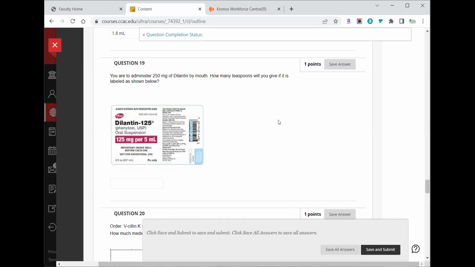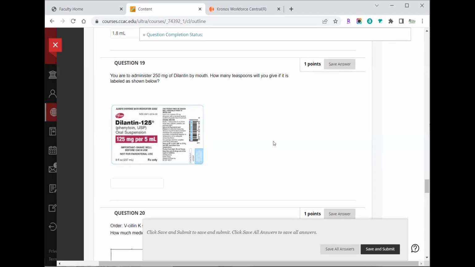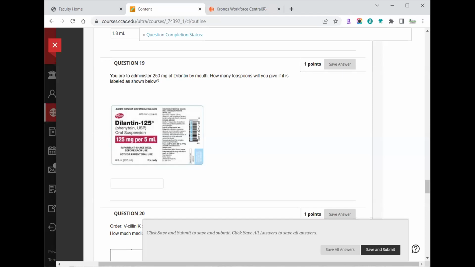All right. Here's a Dilantin question. 250 milligrams by mouth. So by mouth could be a tablet, a capsule, or could be liquid. Then it says how many teaspoons will you give if it is labeled as shown below. Now, one of the things you need to remember is that 1 teaspoon is equal to what? 5 milliliters, right? So another way to represent 125 milligrams per 5 ml is to say it is equivalent to 125 milligrams per teaspoon.